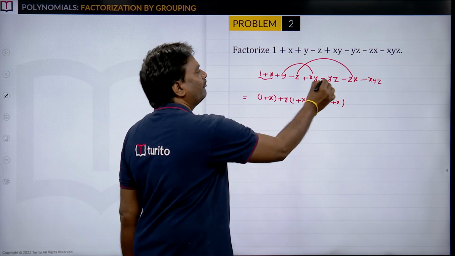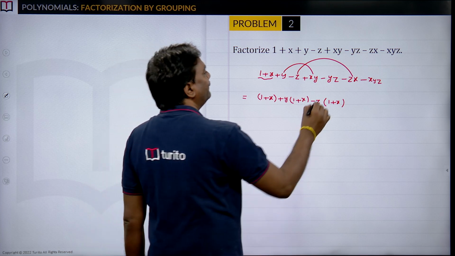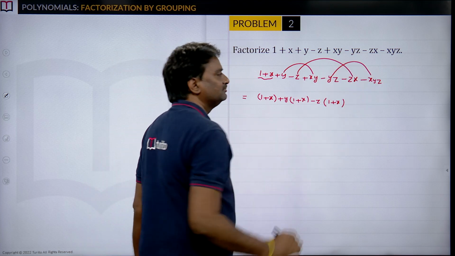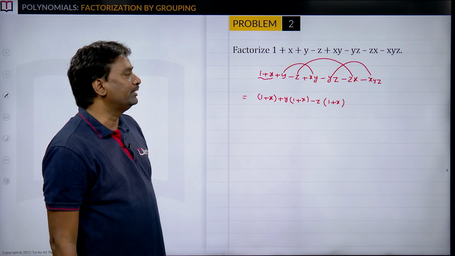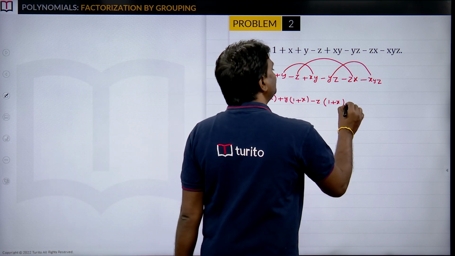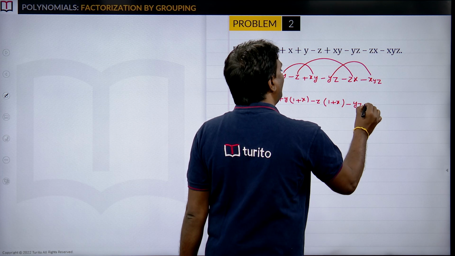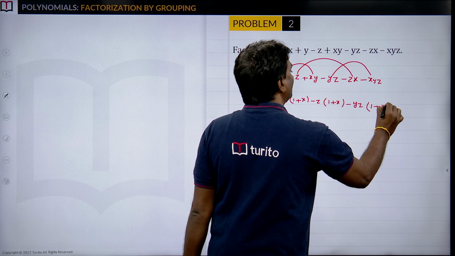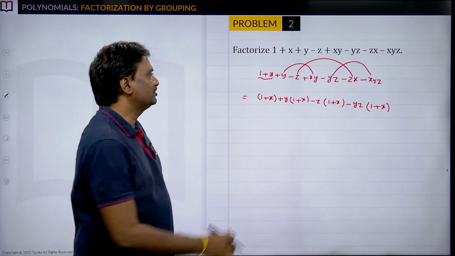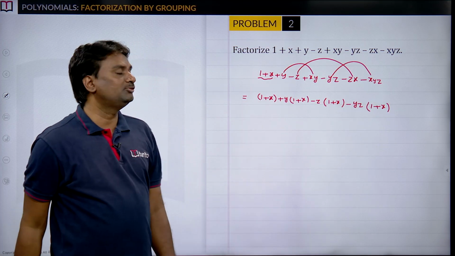So, next here we have minus yz, here we have minus xyz. From these two terms we can take minus yz as common. So, you will get 1, here we have plus x. So, first two terms 1 plus x I have taken, that is one group.